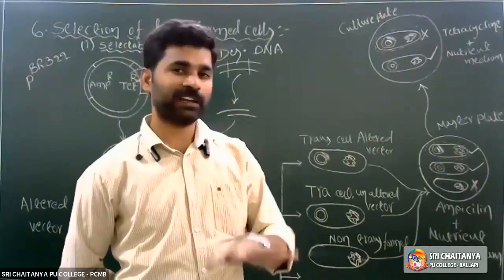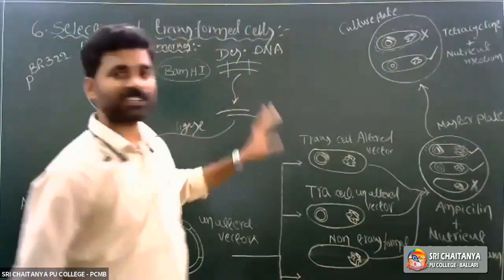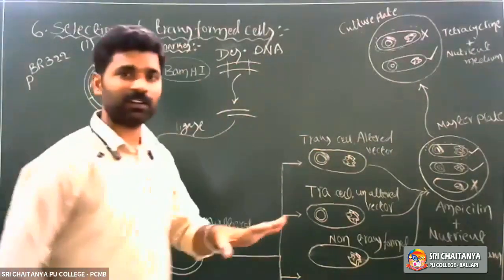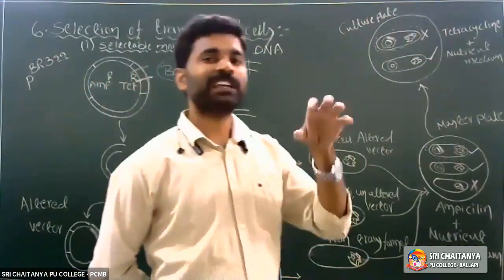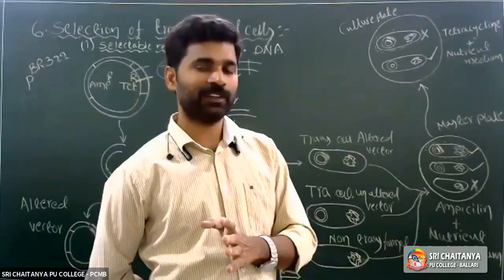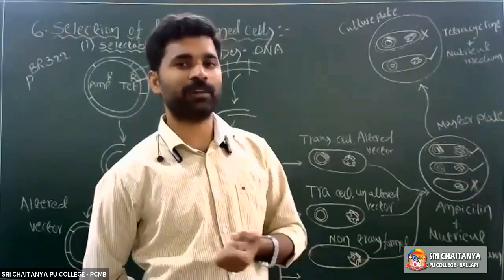Right? So finally, the conclusion here is that the two types of antibiotic resistant genes present in the pBR322 vector help in selection of transformed cells from the non-transformed cells, and selection of recombinant cells from the non-recombinant cells.